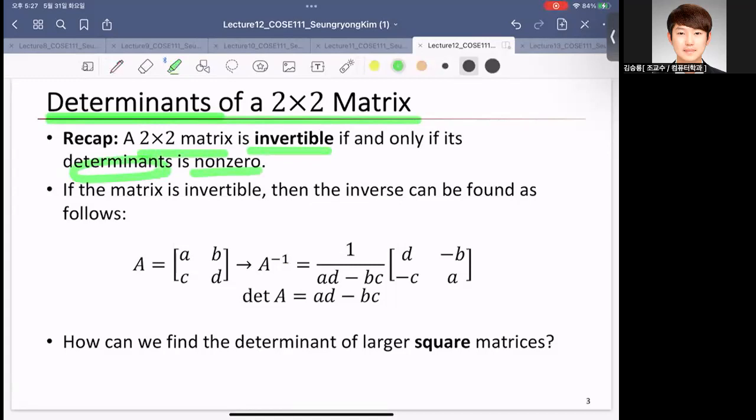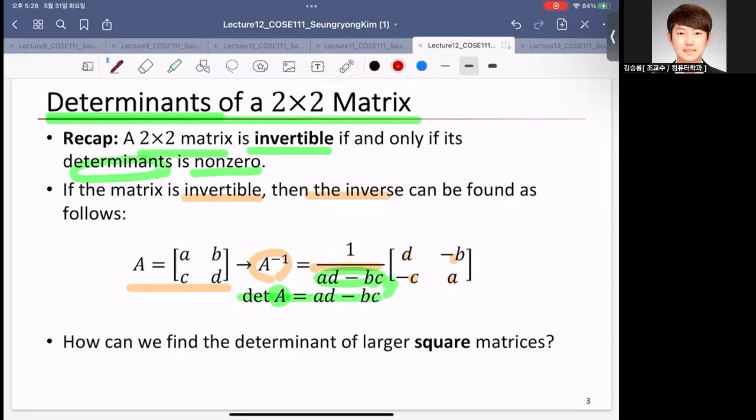For example, if the matrix is invertible, then inverse can be found as follows. When matrix A is [a, b; c, d], inverse of matrix A was 1 over (ad minus bc) times [d, negative b; negative c, a]. So in this case, we called determinant of matrix A was ad minus bc.